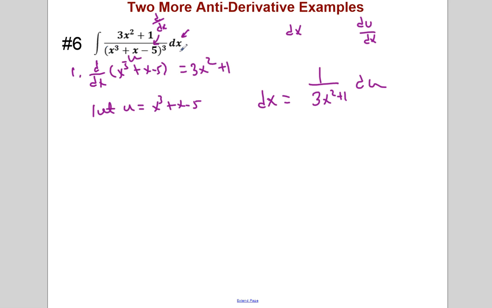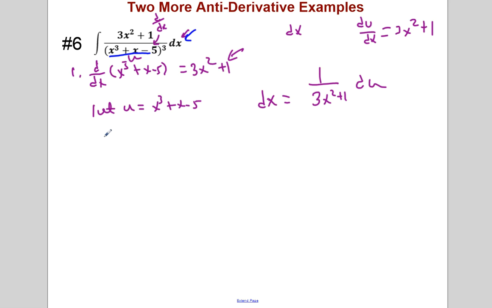So when I take the derivative of this, I get this right here. So when I solve for du, I get this. So I substitute in two places. I substitute right here, and I substitute right here.